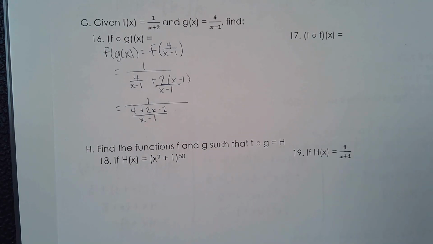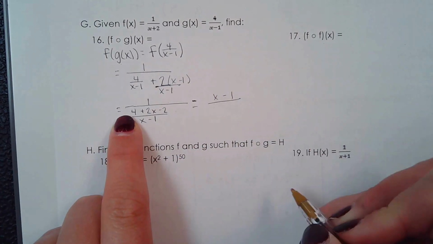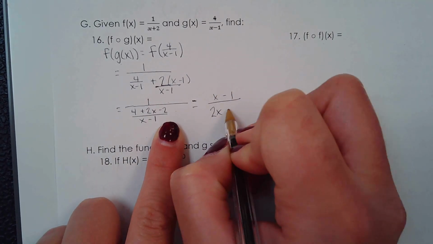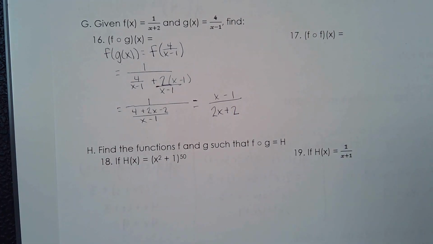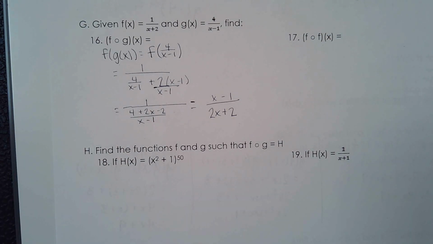So we can essentially just flip it, and this is all going to simplify to x minus 1 over 4 minus 2, which gives you 2, so 2x plus 2. That okay? Questions? We good?